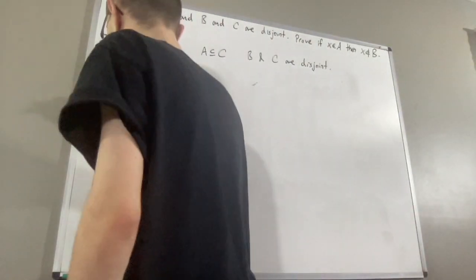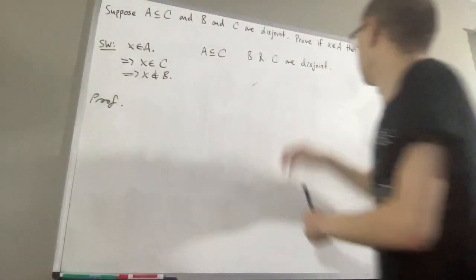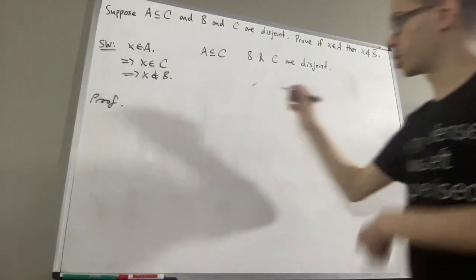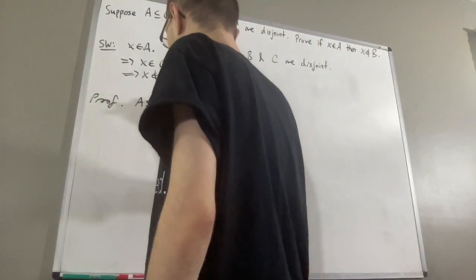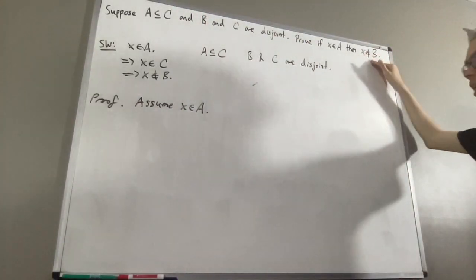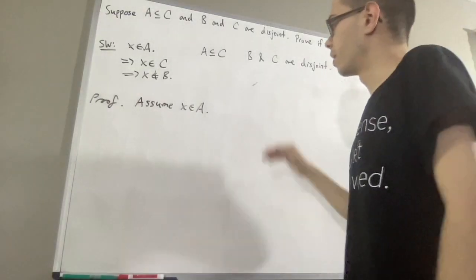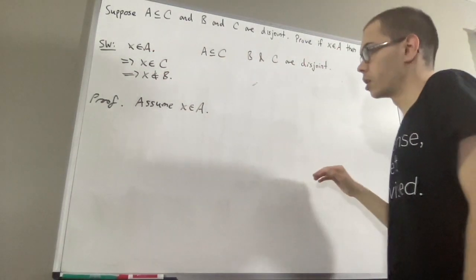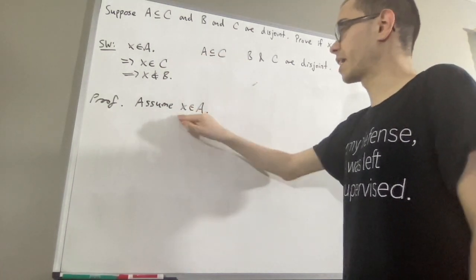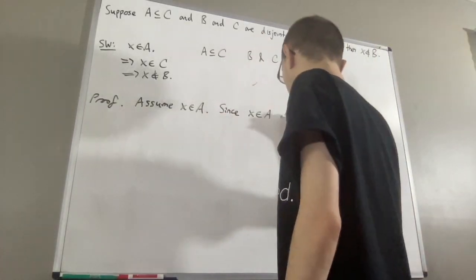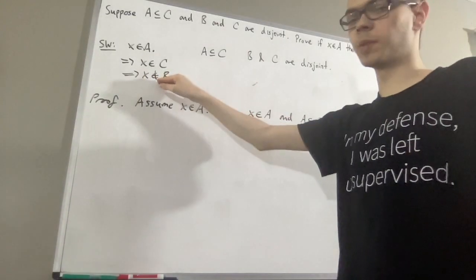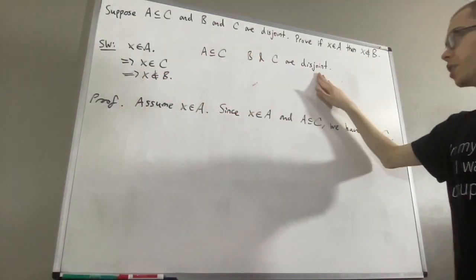So to write up the proof, we prove this by making the assumption that X is an element of A. So to start the proof, we will say assume X is an element of A. From here, we will logically deduce that X is not an element of B. Well, following what we did in our scratch work, since X is an element of A and A is a subset of C, that implies X must be an element of C. But then, how did we reach X is not an element of B using the fact that B and C are disjoint?